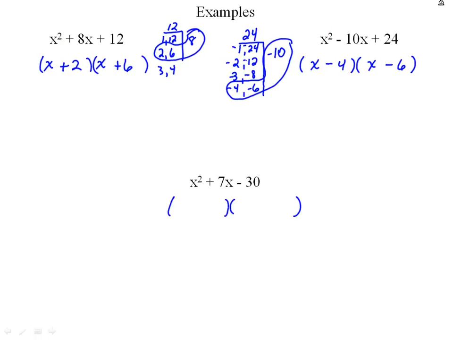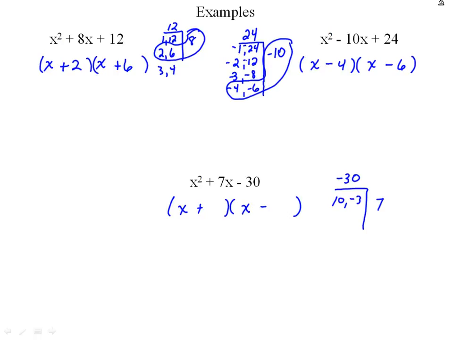Last one. This time the second sign's negative, which means the two signs in the parentheses are going to be different. Split your x squared into x times x and think, what can you multiply together to get negative 30, but add together to get positive 7? And I'm going to go straight to here. The possibilities you know are 10 and 3, because you can finagle 10 and 3 to get 7.